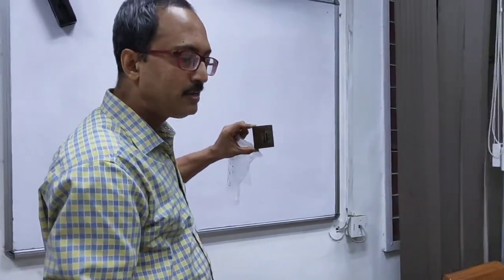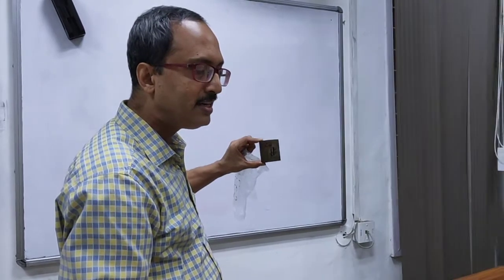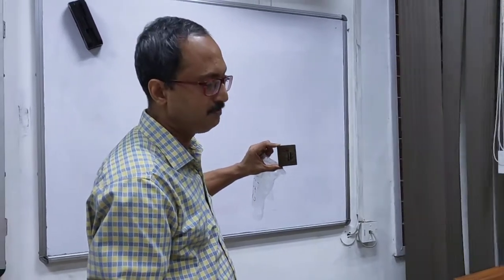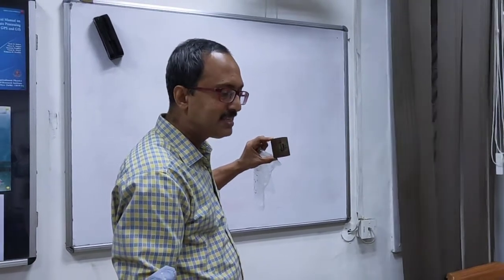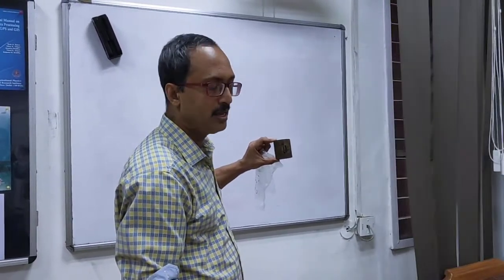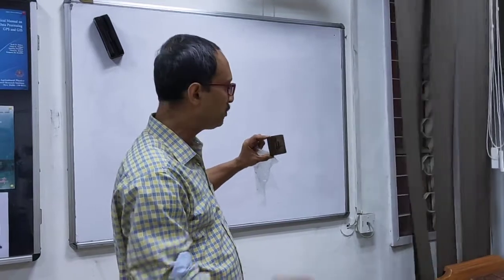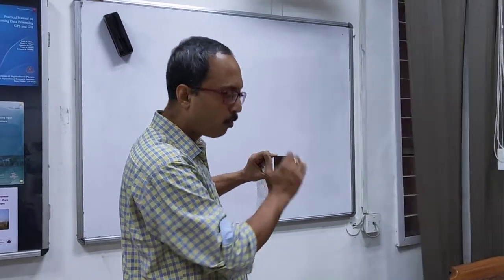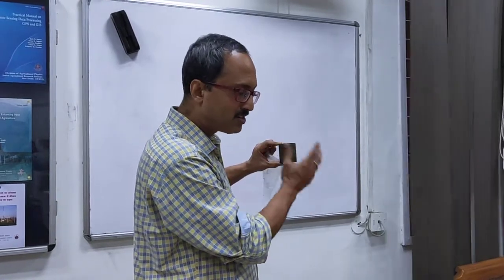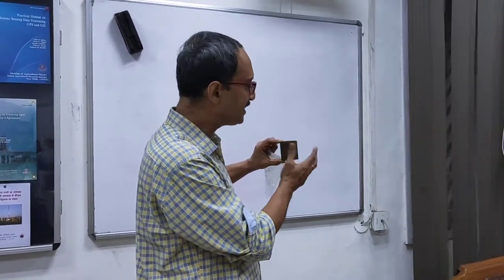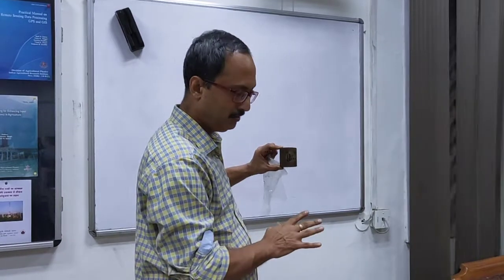And I told you earlier that this is called a representative soil sample, because it represents the field condition, and this is an undisturbed soil sample. It is not disturbed. So we are assuming that all those pores, their arrangements, their continuity, the soil matrix, everything is intact, as found in the field.